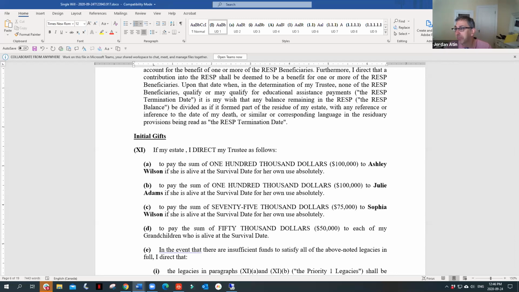But that's my preference, is to put the legacies in a priority legacy. But if it's this complicated situation where you don't want to do that, you want to just put in a condition, then just begin the initial gifts with that condition. If my estate is greater than $1 million, that kind of thing. Do you have any language that you would typically use there?